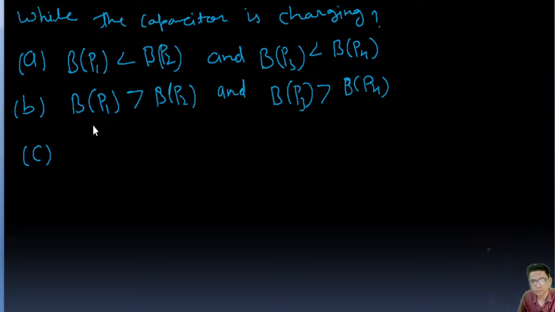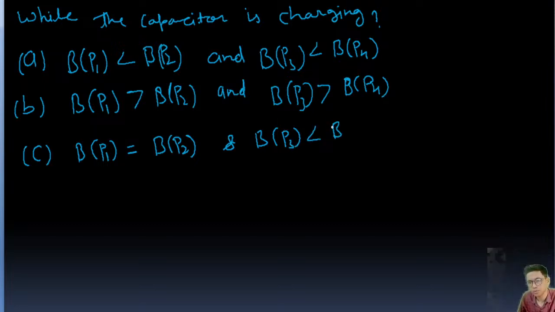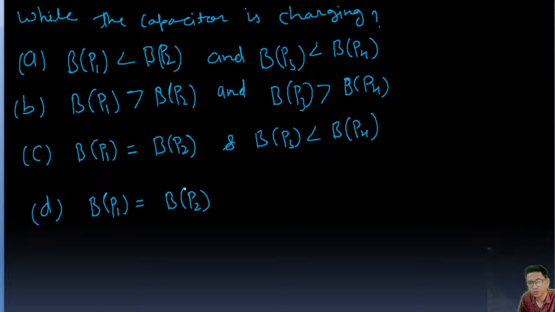Option C is BP1 equal to BP2, and BP3 less than or equal to BP4, and option D is BP1 equal to BP2, and BP3 greater than or equal to BP4.